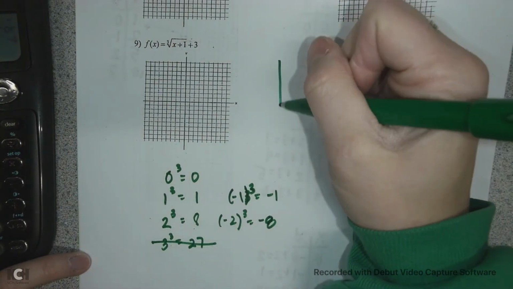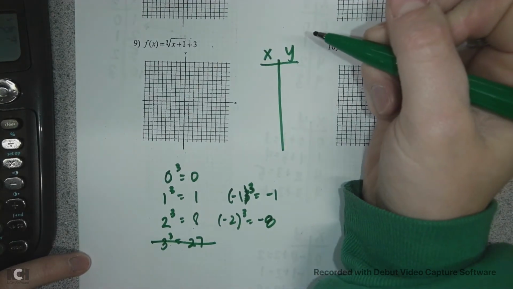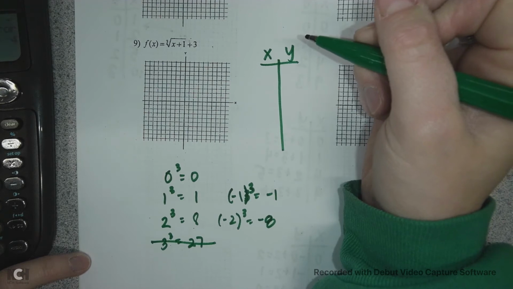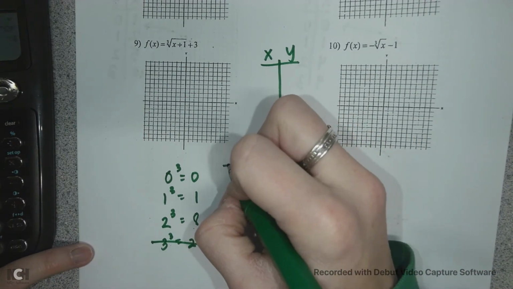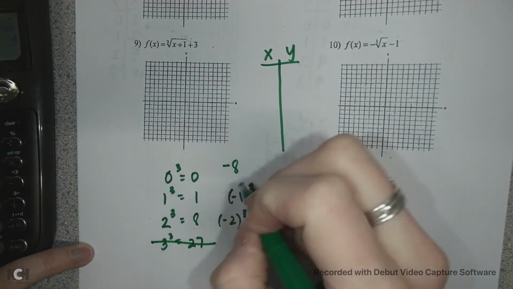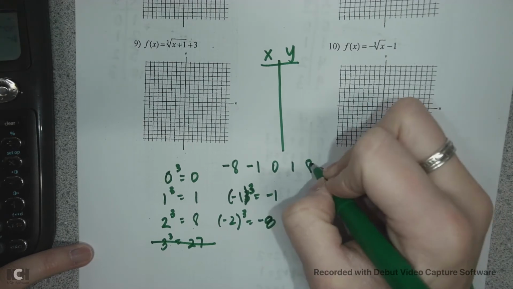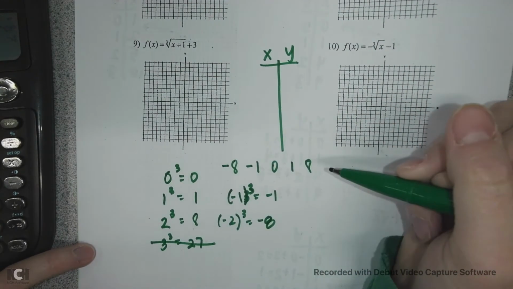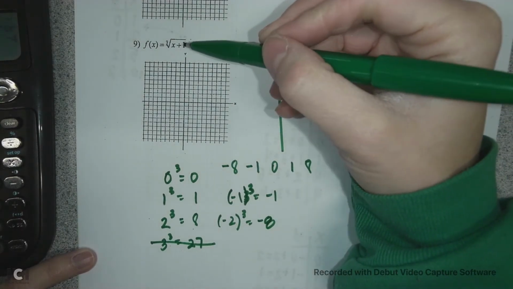With square roots, we wanted our numbers to be 0, 1, 4, and 9. But with cube roots, we want our numbers to be negative 8, negative 1, 0, 1, and 8. These are the numbers that we want to take cube roots of because they are pretty numbers. So again, we have to do opposites in here.